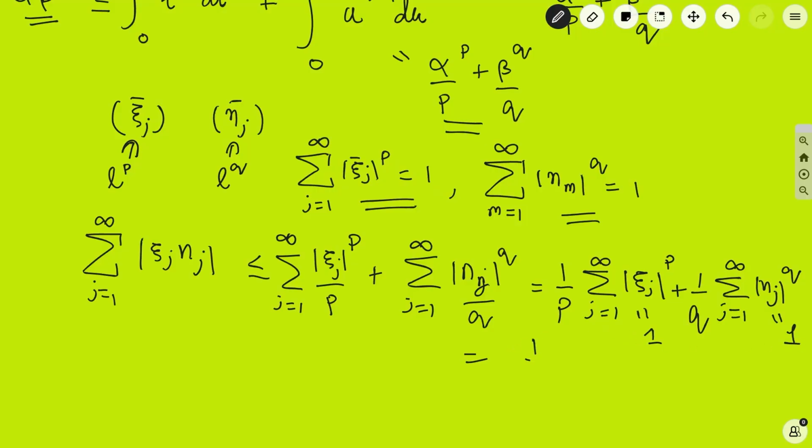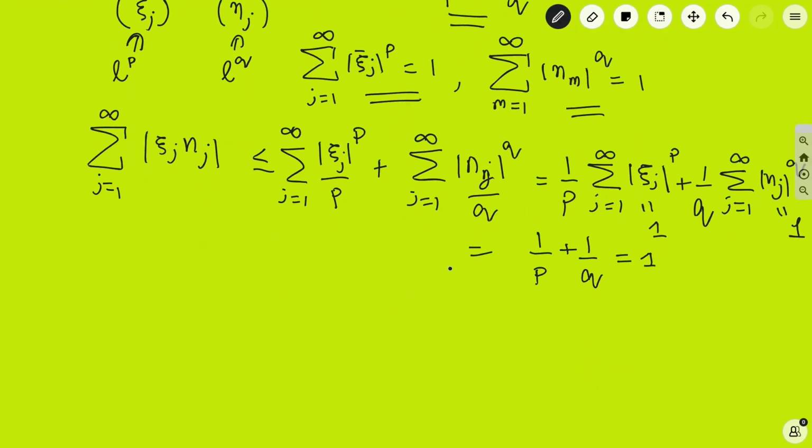So what you're left with is 1 by p plus 1 by q, and by our assumption, this is 1. That's how we chose these two numbers. Okay, good. Now, from here, what do we see? We see that the summation j from 1 to infinity of the absolute magnitude of this product is bounded above by 1.